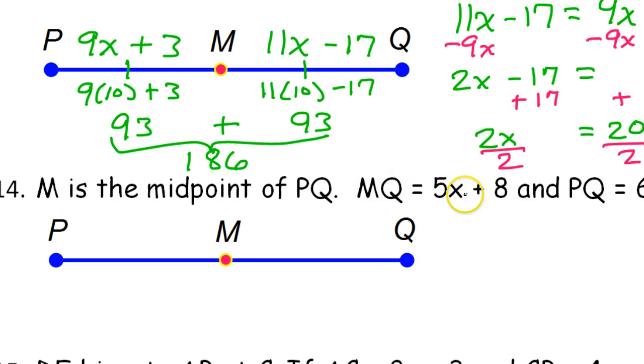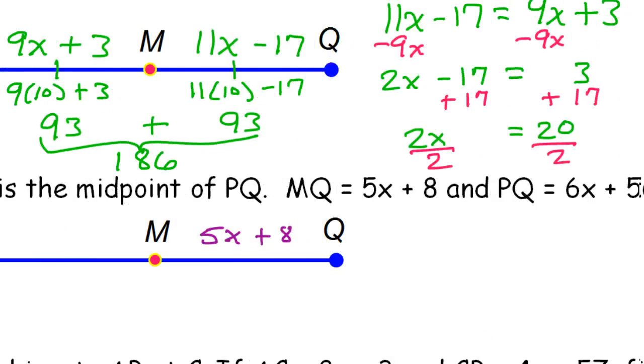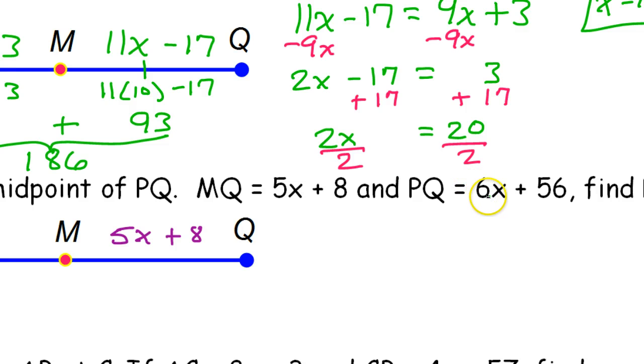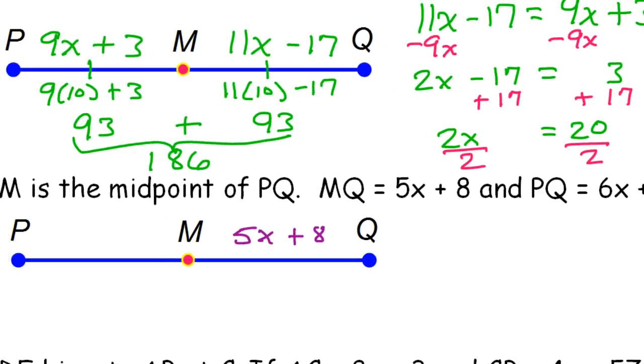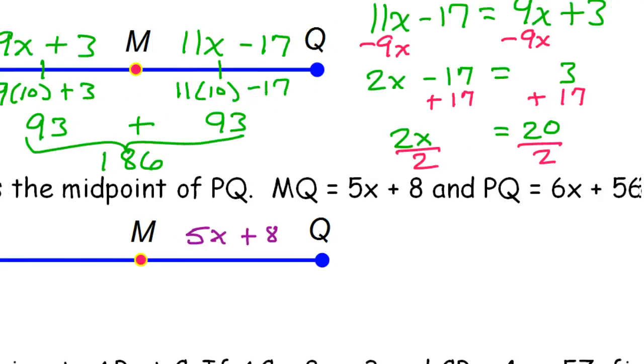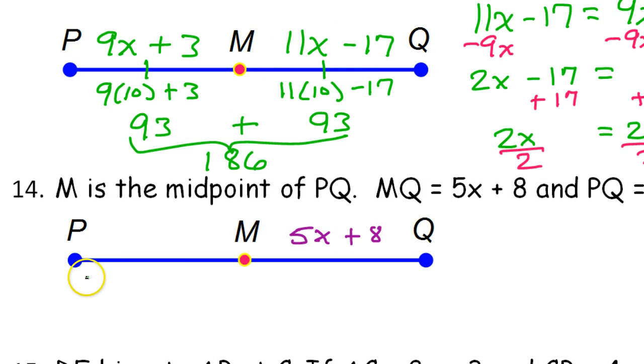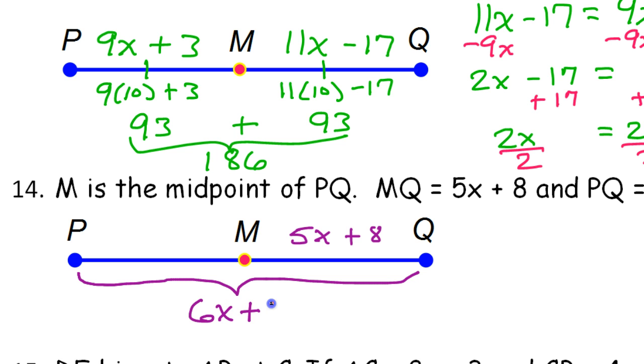MQ is 5x plus 8. PQ is 6x plus 56. Now that's the whole thing, so this whole entire thing is 6x plus 56.